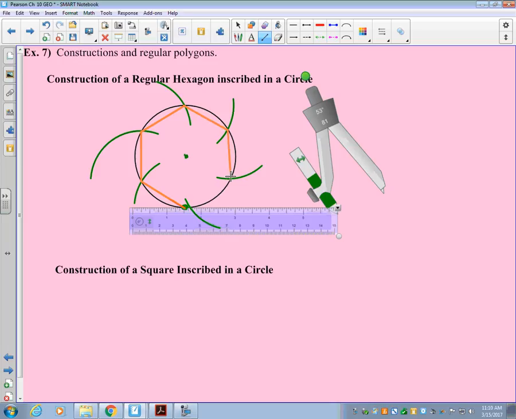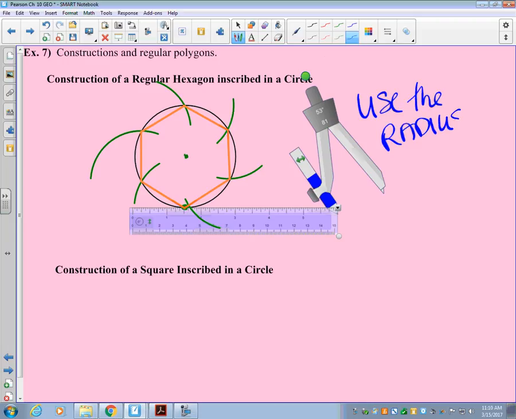Yep, start at your dot, end at your dot. This will give you a regular hexagon. The important thing to remember is that you've got to use your radius.